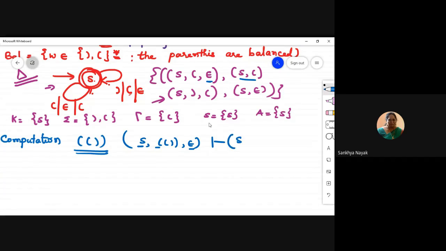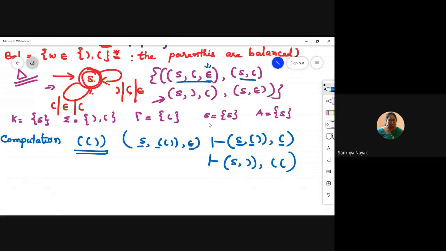So it will be S, this one, and we are going to push the open bracket, correct? So S, open bracket, as I said, doesn't matter what is there in the stack, right? So open bracket is there, so you push it. So S, closed bracket and open bracket twice, correct?